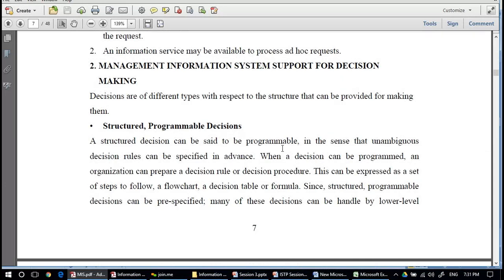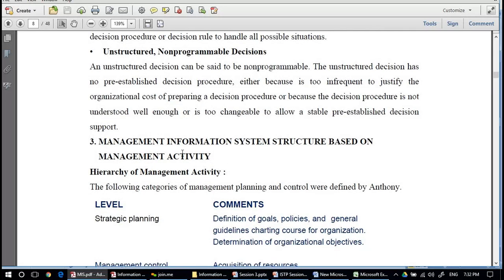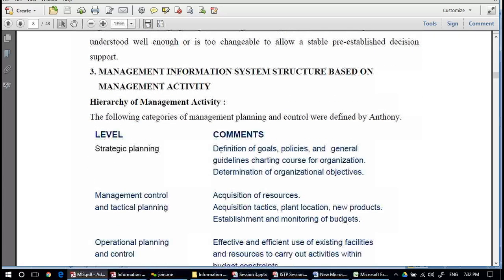A structured decision can be said to be programmable in the sense that unambiguous decision rules can be specified in advance; when a decision can be programmed, an organization can prepare a decision rule or decision procedure. Unstructured, unprogrammable decisions are to be handled by the information system.